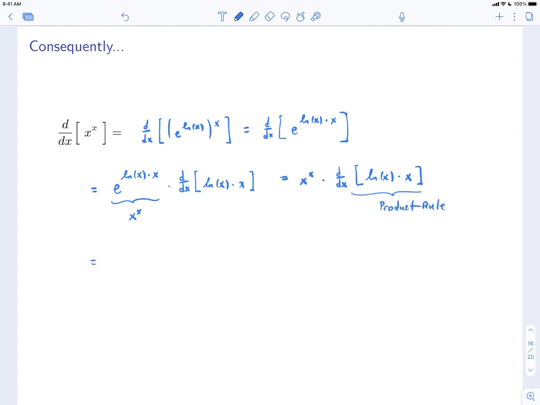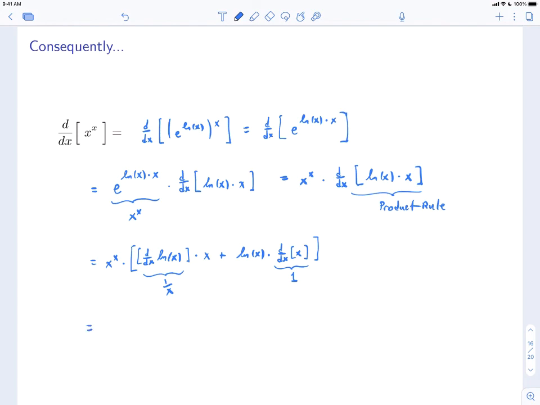So we'll end up with x to the x times, and so it's the derivative of the first, which is the derivative of ln of x, times the second plus the first times the derivative of the second. And the derivative of the second, well, that's the derivative of x, which is 1. And the derivative of the first, that's something we now know. The derivative of logarithm is 1 over x.